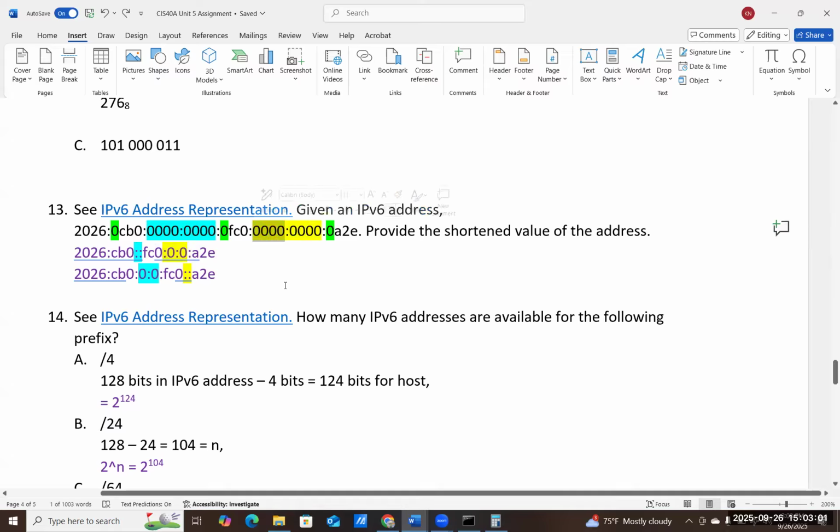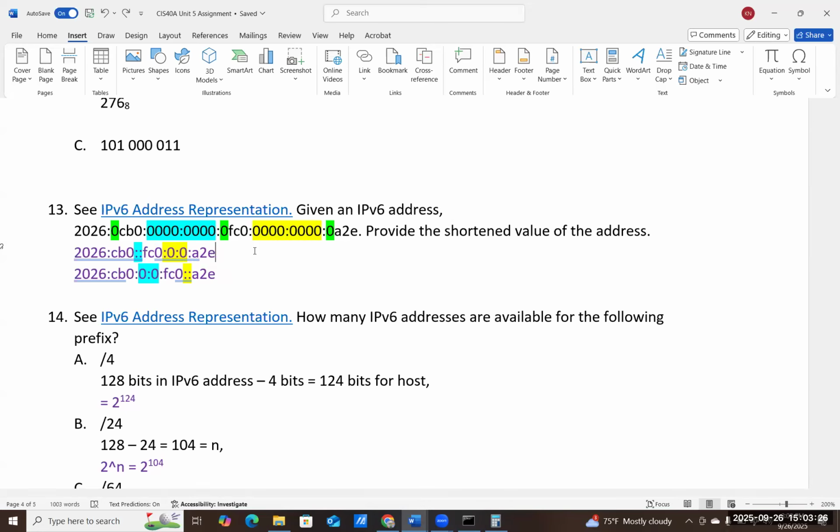You understand? Or each 4 digits, I should say. And then on the last one, because it has a 0 in the front, I omit that and I bring down the A to E.